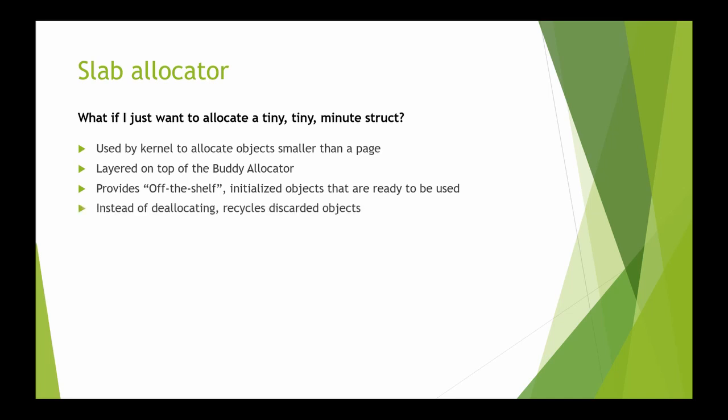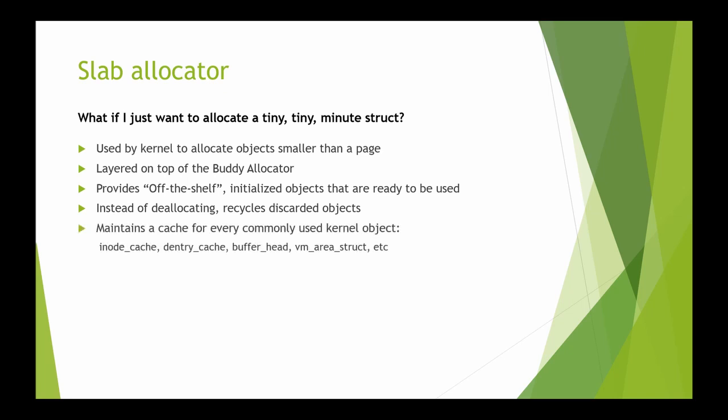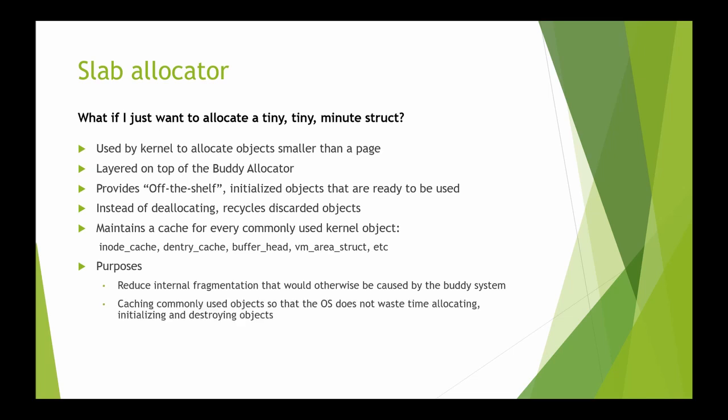Instead of deallocating, it recycles discarded objects, and it maintains a cache for every commonly used kernel object, such as inode cache, dentry cache, buffer head, VM area struct, etc.